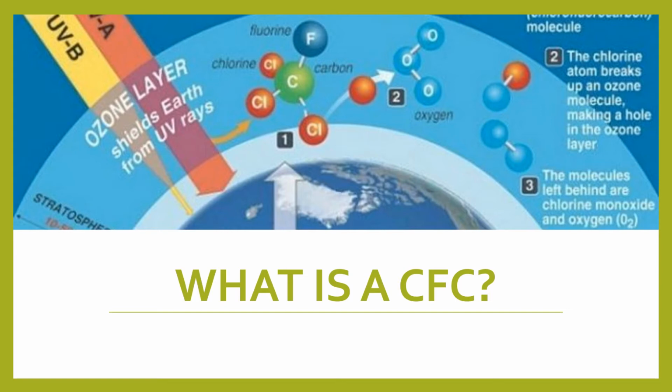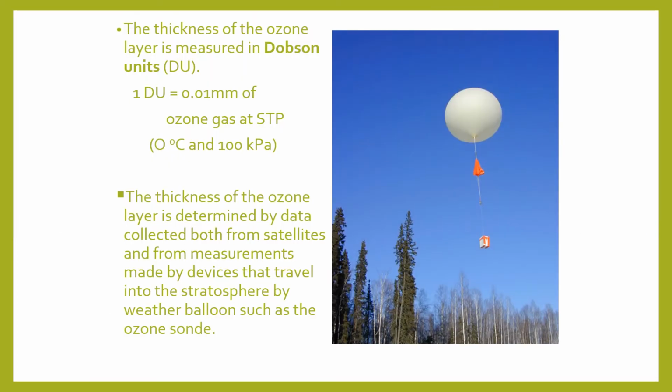There's more than one, and all these different chlorine atoms keep breaking up the ozone, and they keep reacting and pulling more and more oxygen. So it's very much a positive feedback loop. With more chlorine, they'll pull apart more ozone, destroying the ozone layer, all coming back from these CFCs, or chlorofluorocarbons.